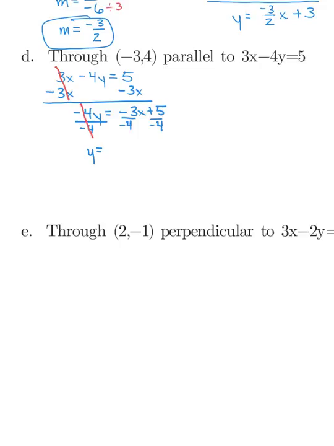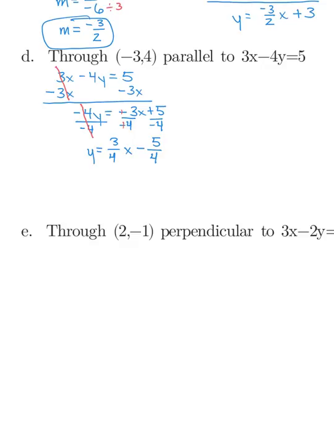On the right side, my first term, the negatives cancel, leaving me with positive 3/4 x. And we don't have to do anything with the last term except for maybe move the negative up out of the denominator and make this a minus 5/4.